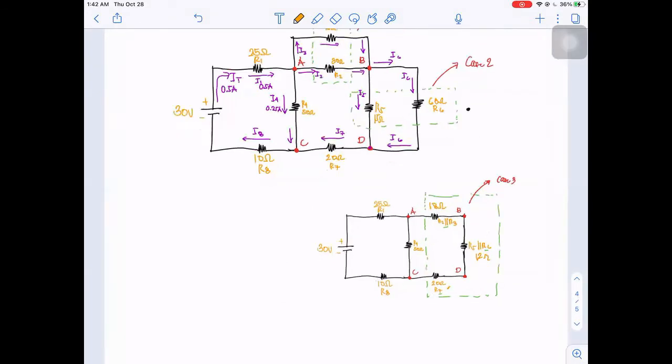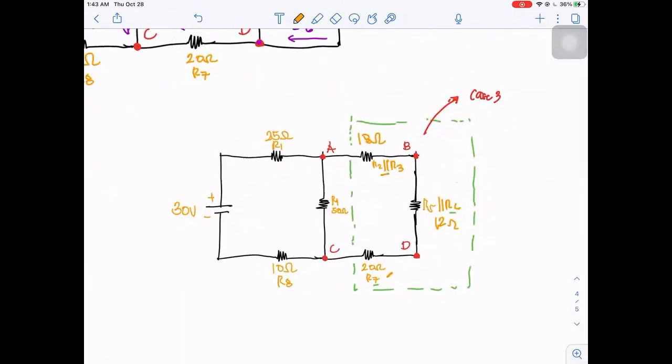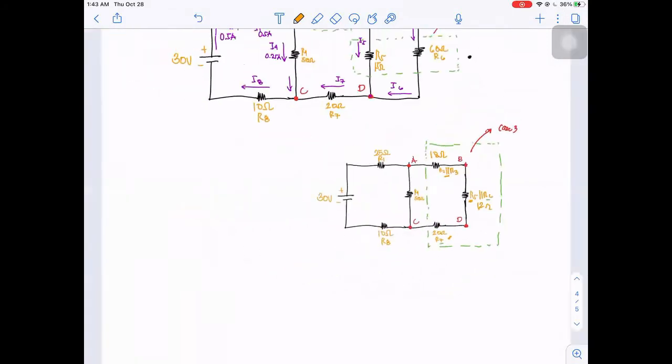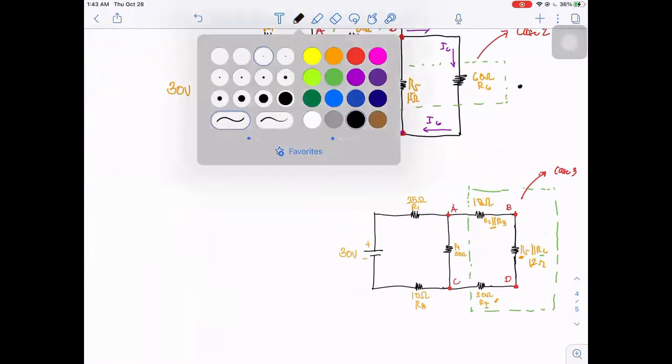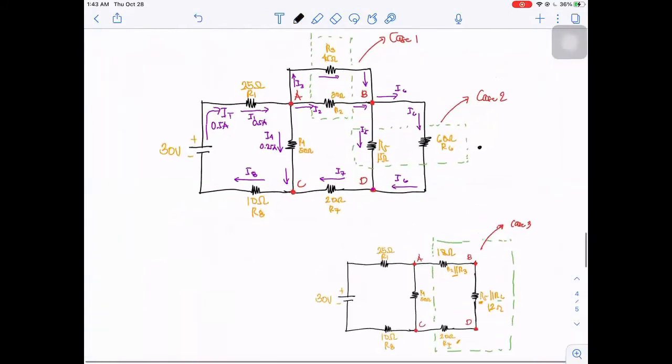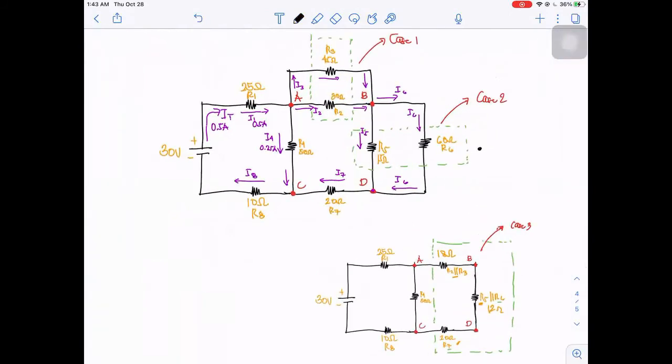So 0.25 is flowing in these series resistors. Having that idea, we can now solve for the voltage drop across the equivalent resistances, 18 ohms, 12 ohms, and 20 ohms.